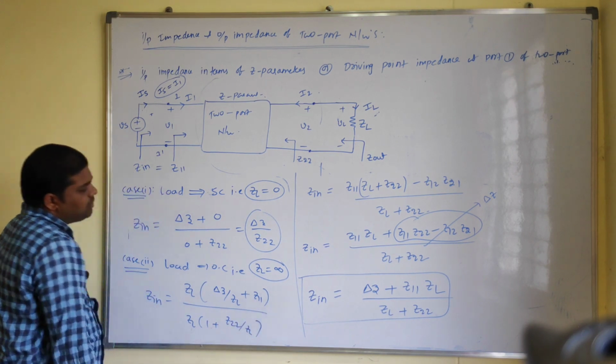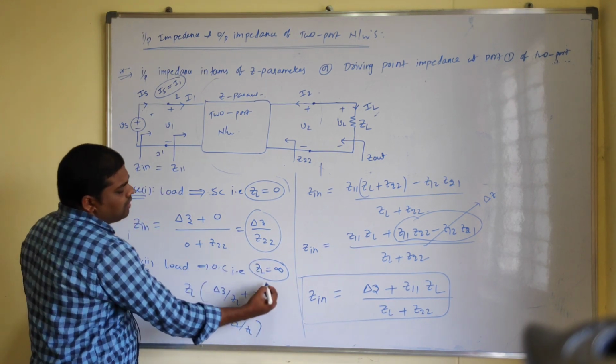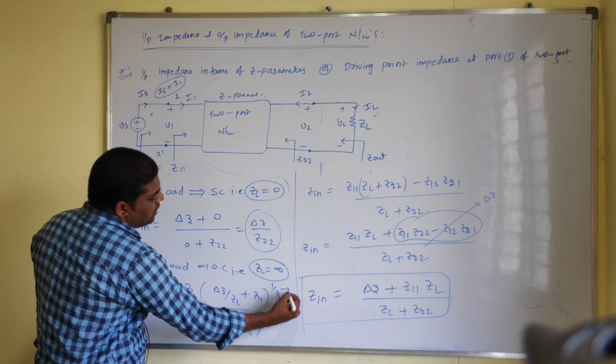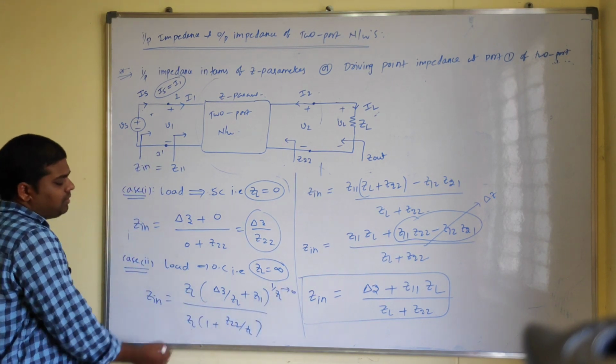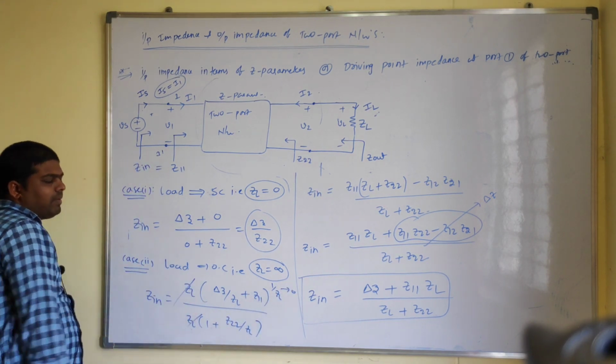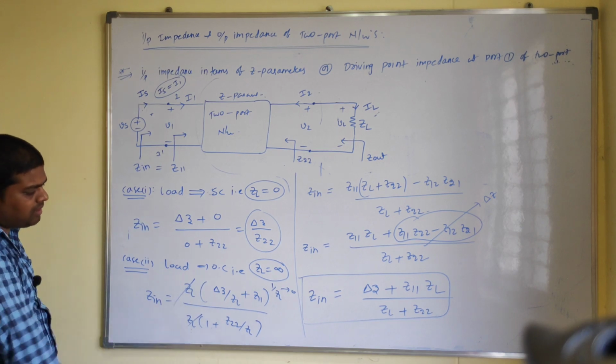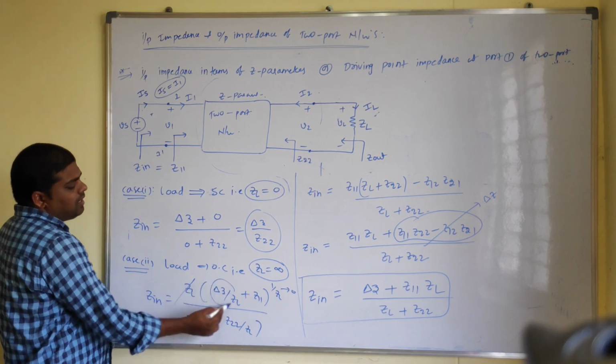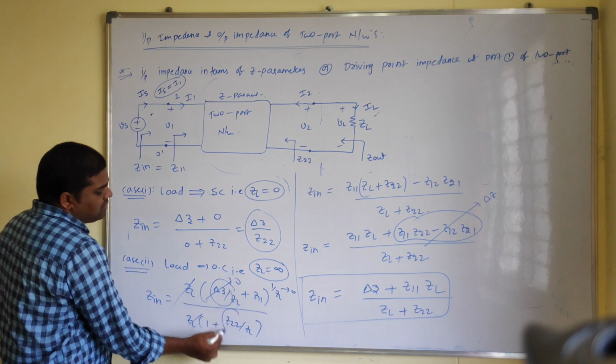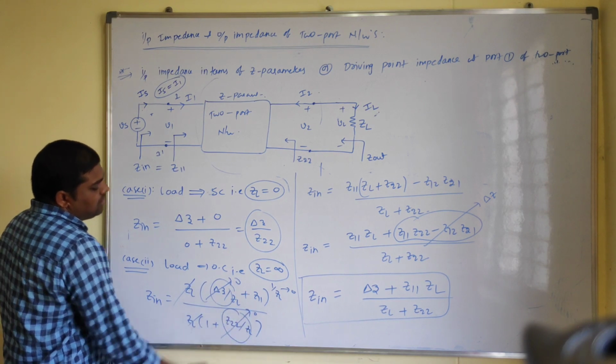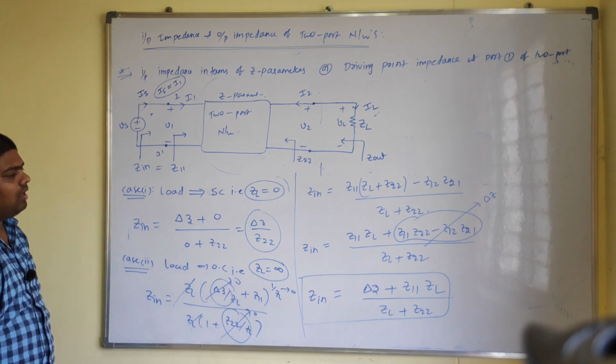Here ZL equals infinity, so 1 by ZL equals 0. Wherever 1 by ZL is there, you can replace it with 0. So this entire term is 0, and here also this entire term is 0. Now what you will get?